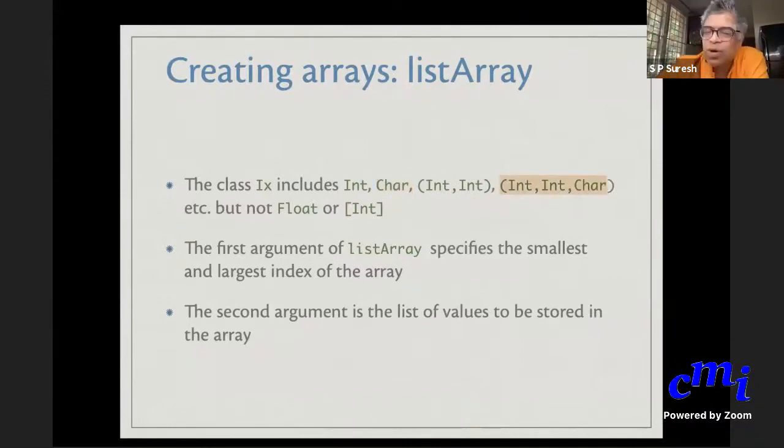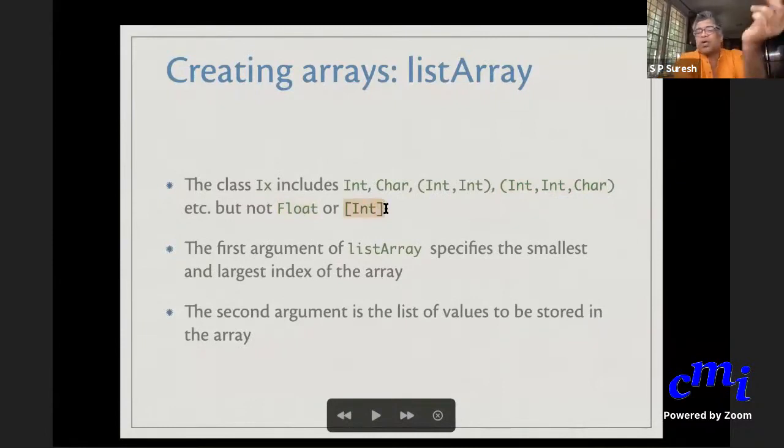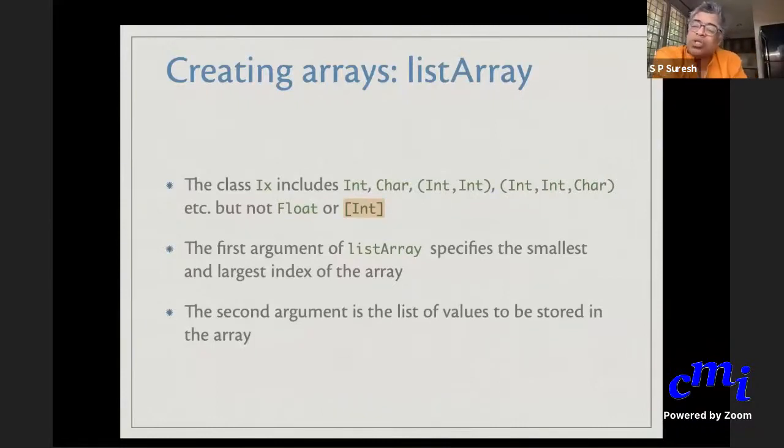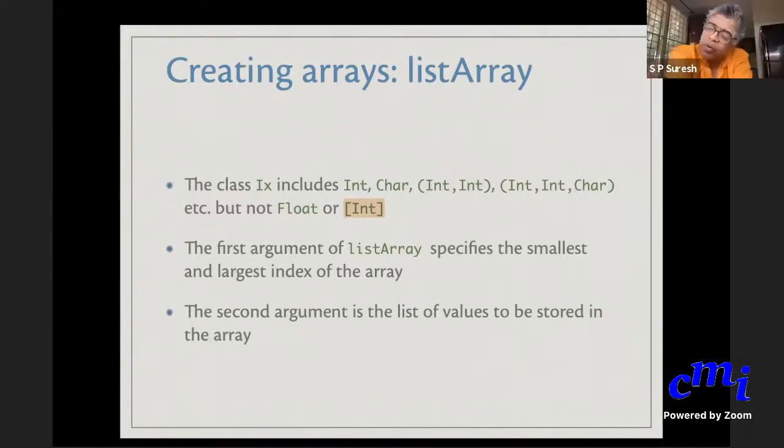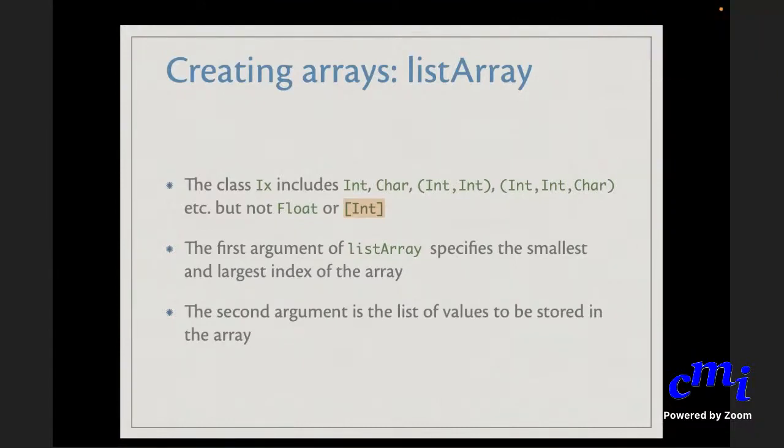All these belong to the index type, but you cannot have float or double as an index type, nor can you have list of int. If you take two double numbers, there is no notion of order. Who said the notion of order should be defined? Neelabja? Yes, sir. There should also be a notion of an element before this and an element after this. Okay, sir. Right?